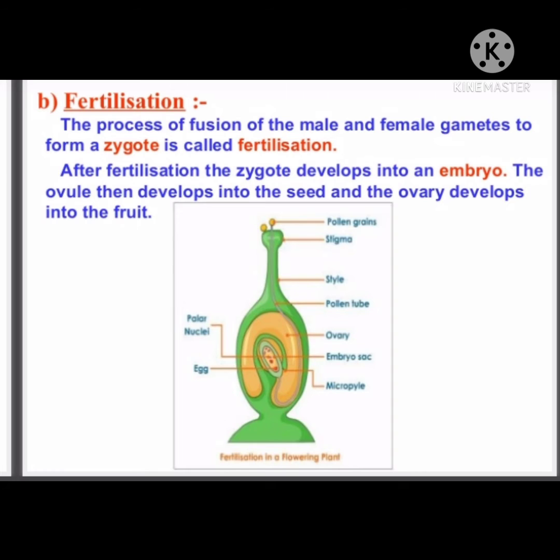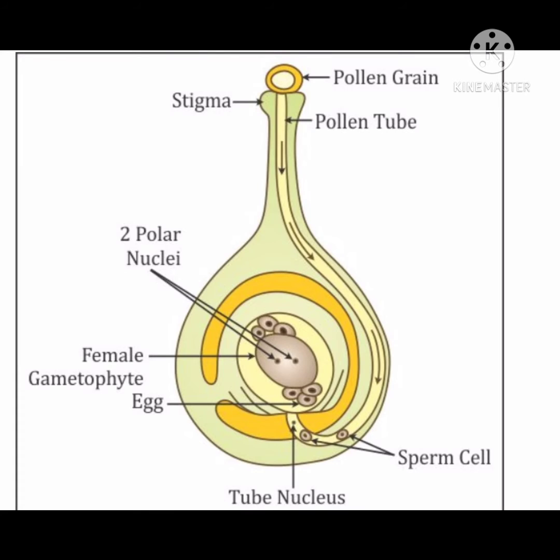For fertilization, the pollen on the stigma absorbs water and starts to germinate, producing a structure called the pollen tube. The pollen tube grows towards the ovary, which is situated at the bottom. Inside the ovary we can see the ovule.